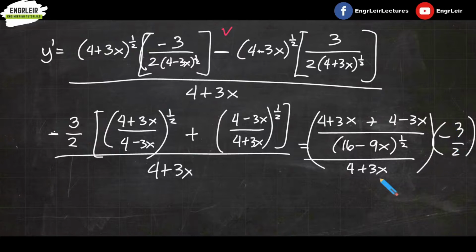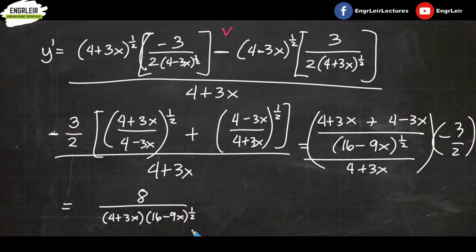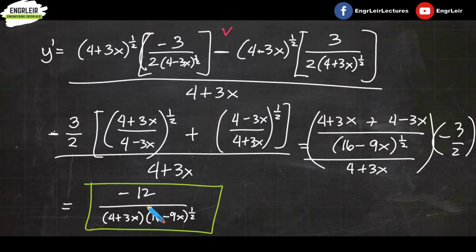Okay? So, again, algebra na lang tayo, no? Nagsisimplify na lang ako. We get 8 over 4 plus 3x saka 16 minus 9x raised to 1 half. And then, dahil naka-multiply ng 3 over 2, this becomes negative 24, negative 12. Yeah. So, this is my answer for the derivative of that last example.